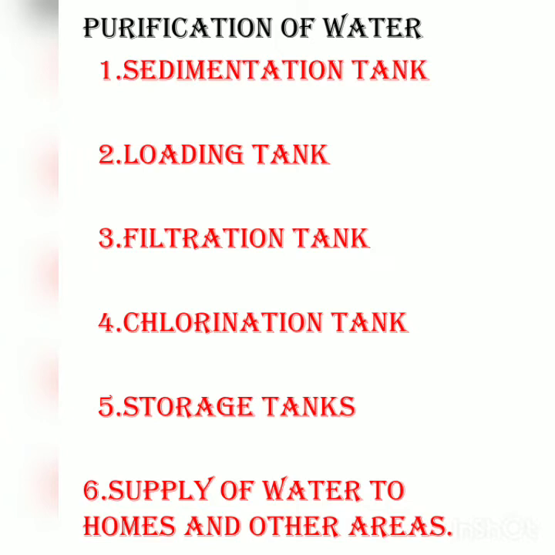Afterwards, the clean and disinfected water is pumped by pumping stations and stored in high storage tanks. From these high storage tanks, the water is supplied to homes and different areas of the city. I think you have understood the whole procedure of treatment of water in the treatment plants.